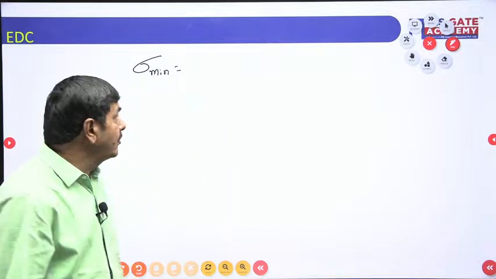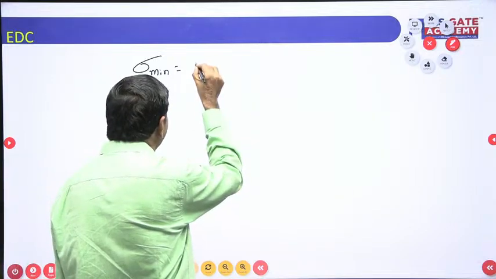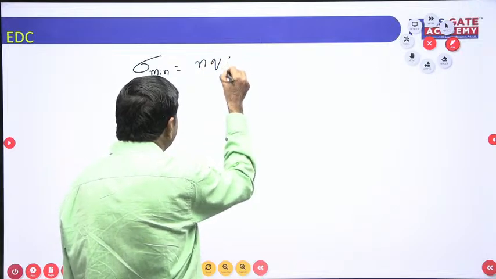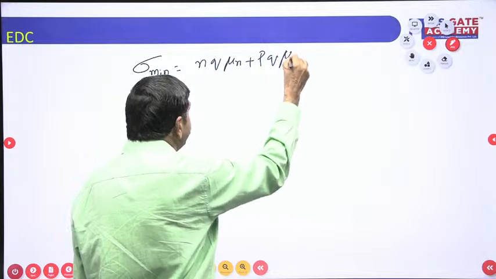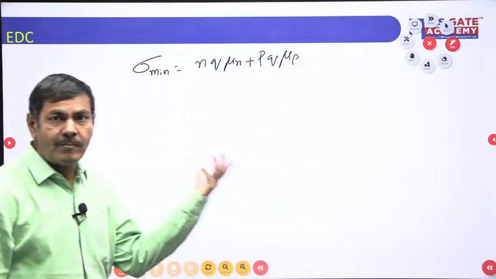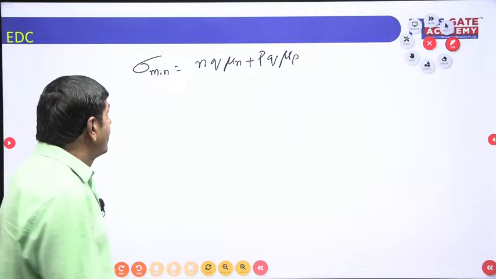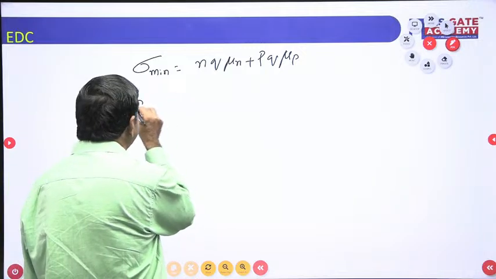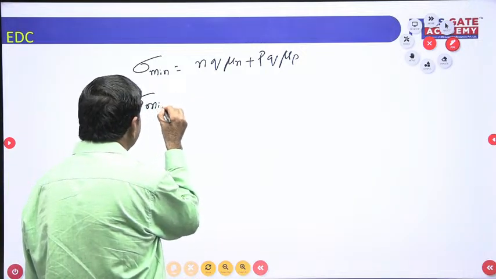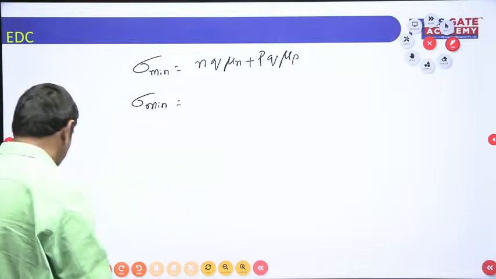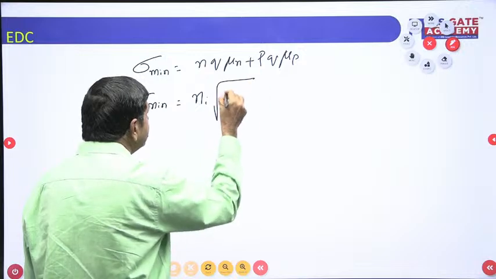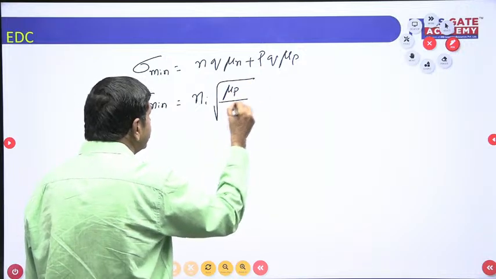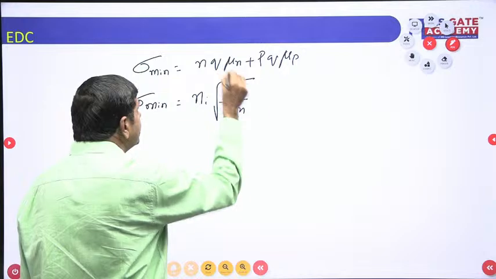If you wish to find out the minimum conductivity, same formula: n into q into mu n plus p into q into mu p. One more formula you can create here now. But you know very well what is n. I gave already the concentration of electrons, ni into under root of mu p by mu n, into mu n.